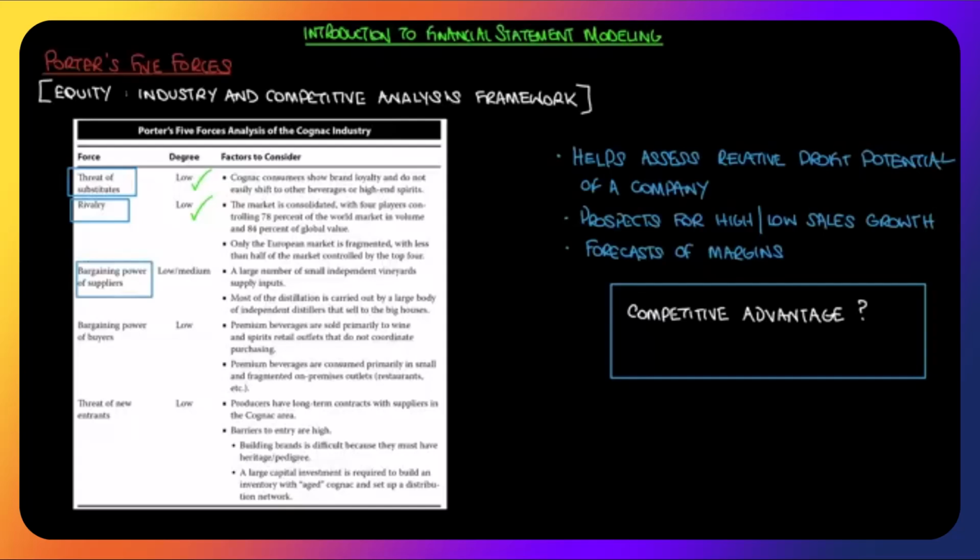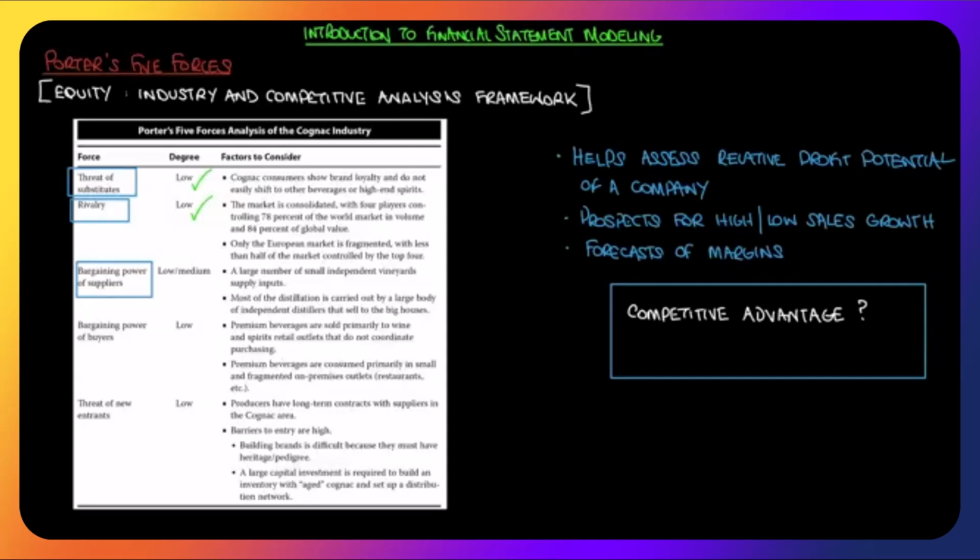Next up, bargaining power of suppliers. How powerful are your suppliers? Do they hold a sword over your head or not? Let's have a look at what happens in the cognac industry. A large number of small independent vineyards supply inputs. That's good news. What you don't want is to be utterly reliant on one supplier.